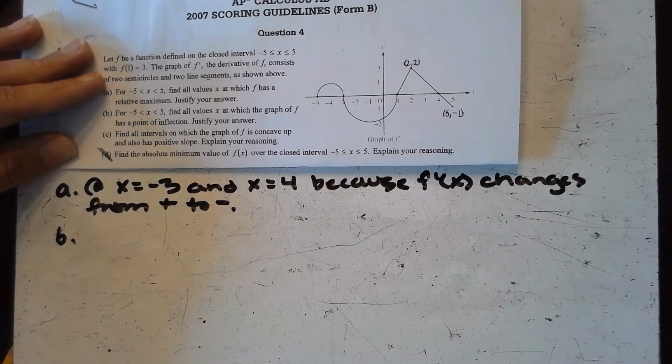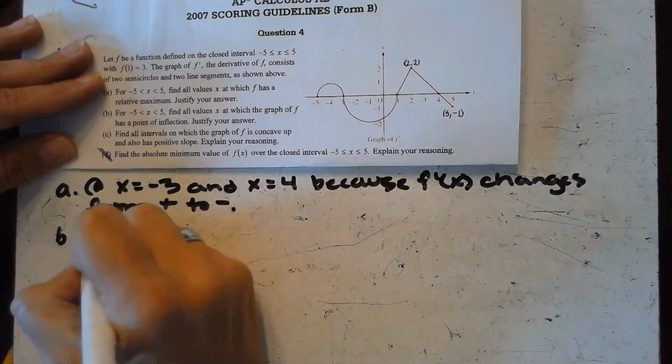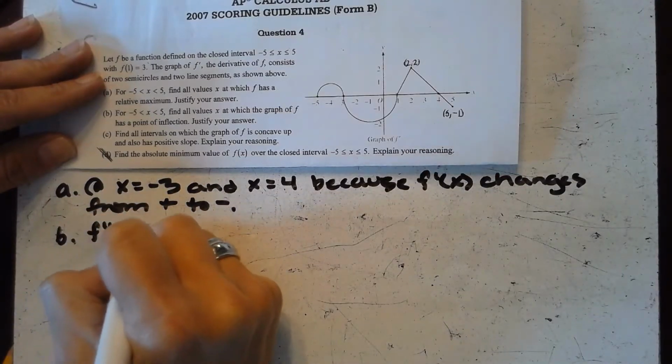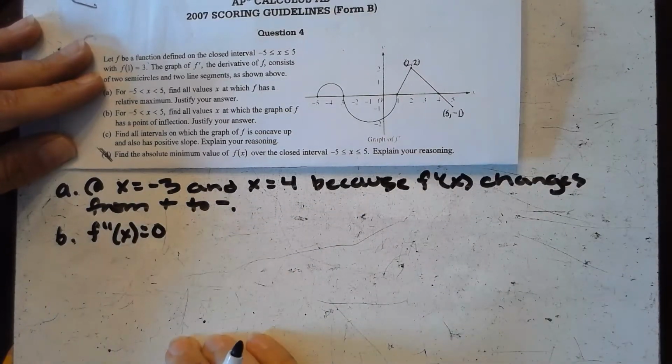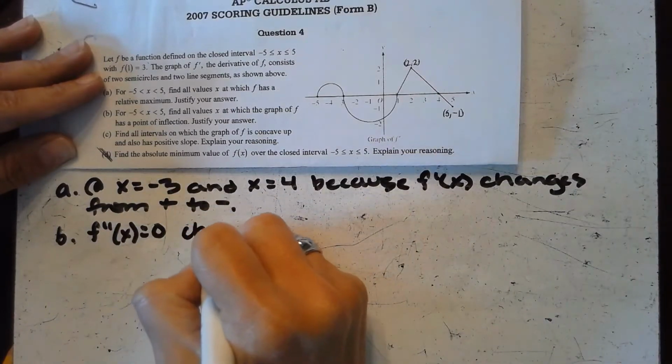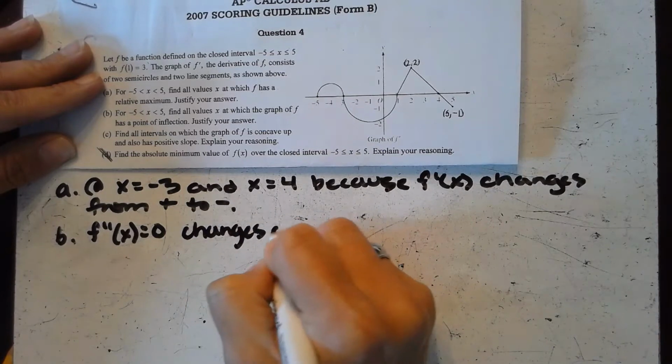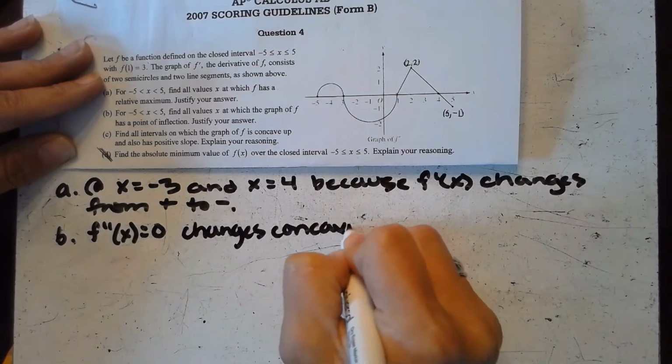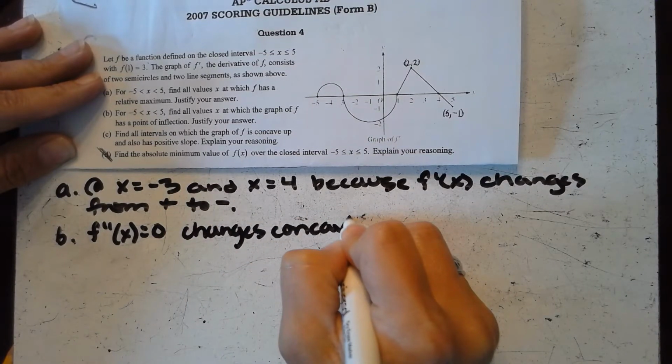Moving on, part B says, for -5 to 5, all values x at which the graph of f has an inflection point. Well, remember inflection points are when f double prime of x equals 0, as well as changes concavity. Now remember, we're given the derivative here.